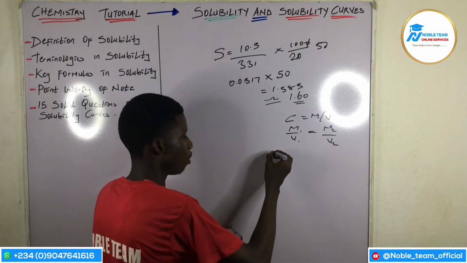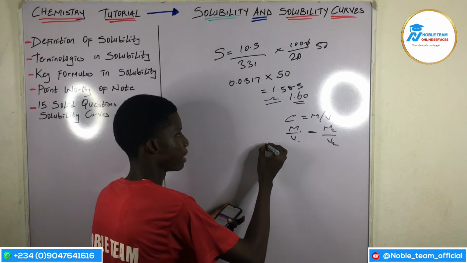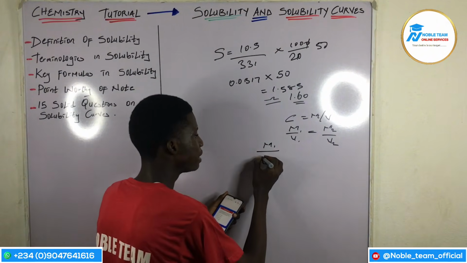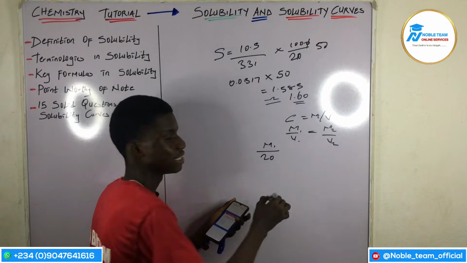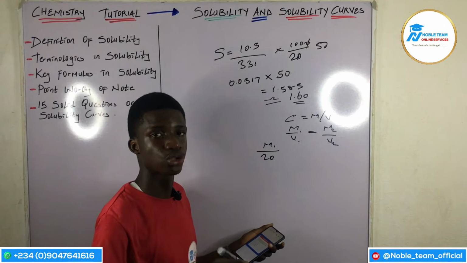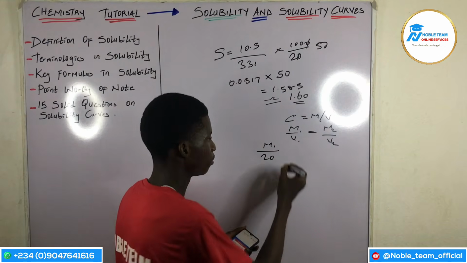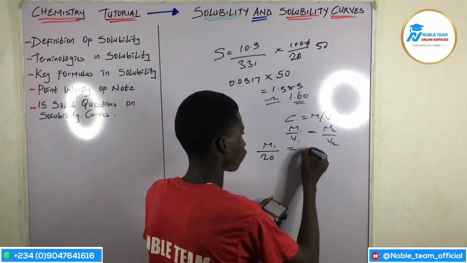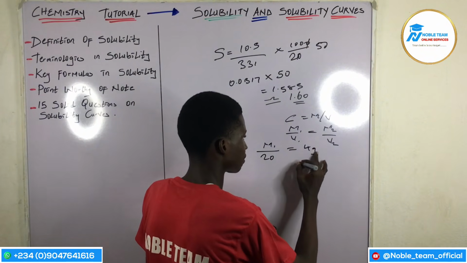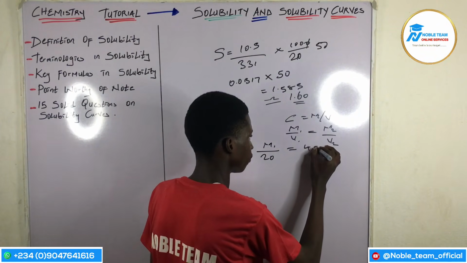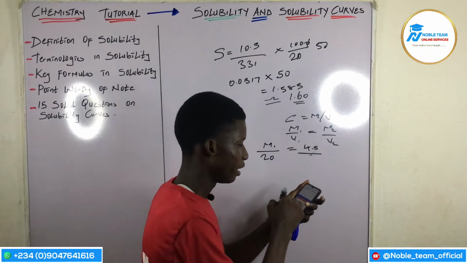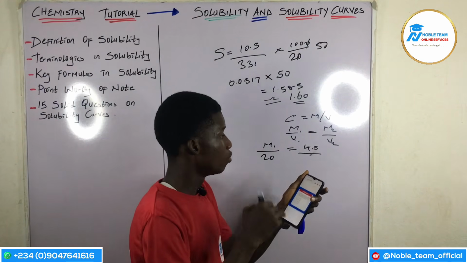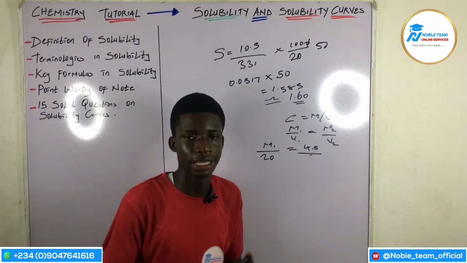Now, the first mass is unknown, divided by 20 cm cube. Then it is now equal to the second mass, 45 grams, divided by the second volume, which is 1 dm cube.